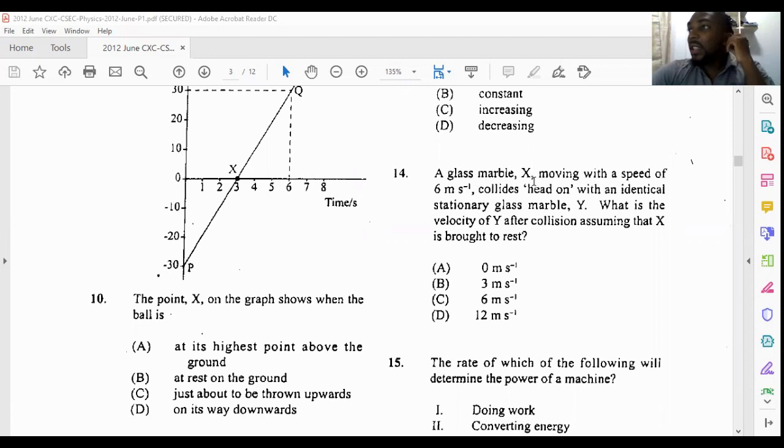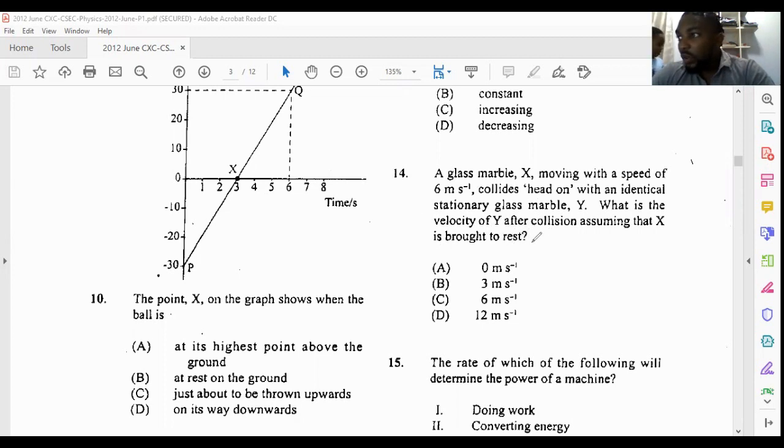So with this question now, you realize that this is a momentum question, right? And what you should know from the principle of conservation of momentum is that the sum of momentum before collision for each body is equal to the sum of momentum after collision for each body.